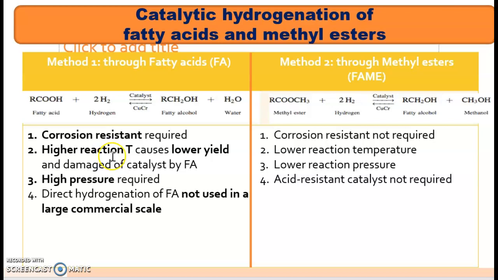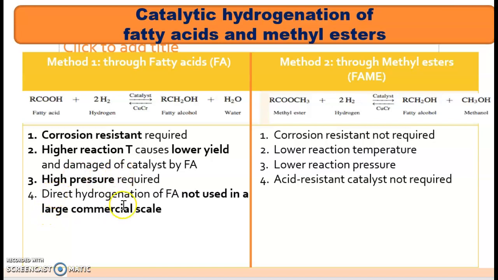And the process requires high temperature, but gives a lower yield. And there will be damage of catalyst because of the use of the fatty acid, which is very acidic. On the other hand, for your methyl ester, it requires lower temperature and lower pressure. And for fatty acid, high pressure.